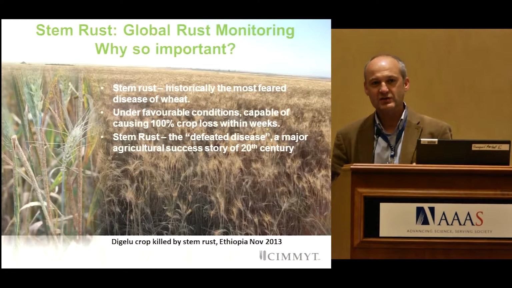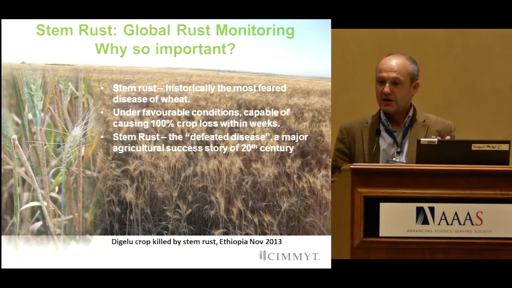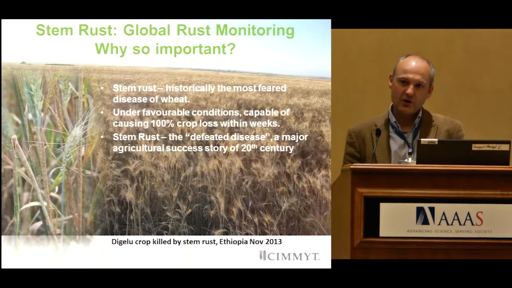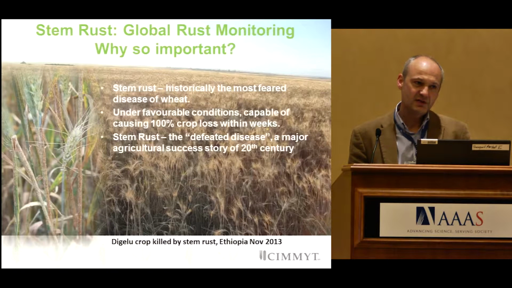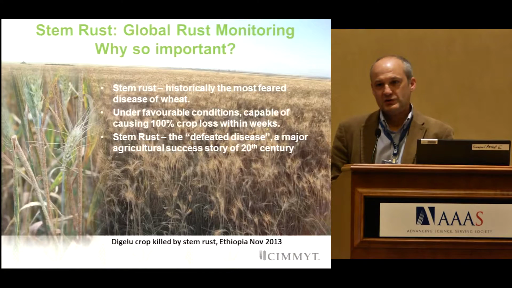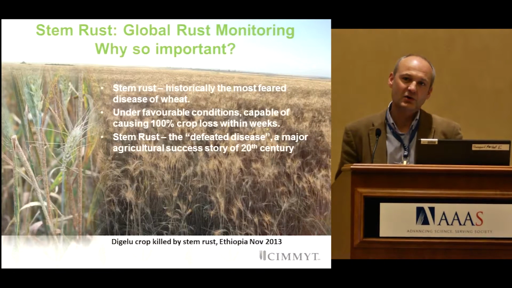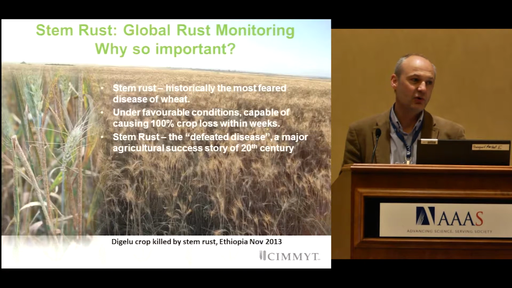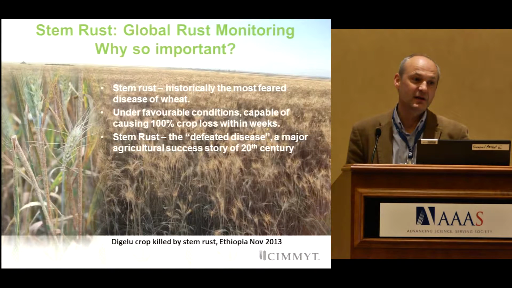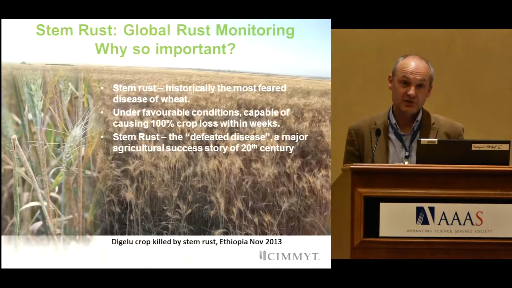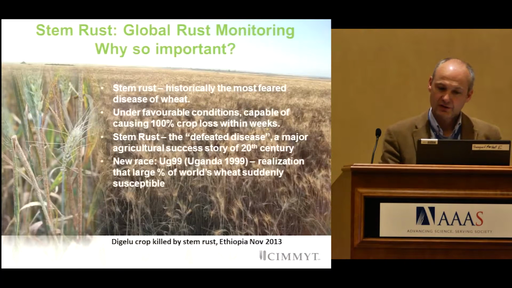The resistance that was introduced saw stem rust go from the most feared disease of wheat in the first half of the 20th century to 30, 40 years where it basically wasn't a disease of economic importance anywhere in the world. So it was a huge success story.